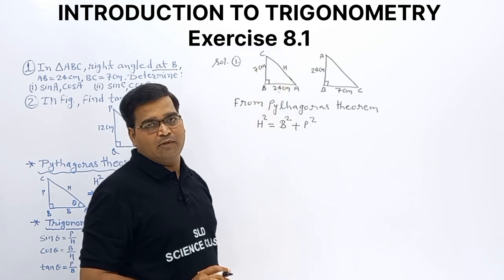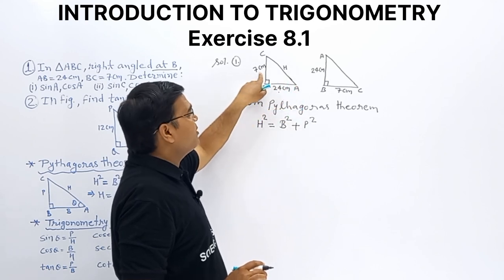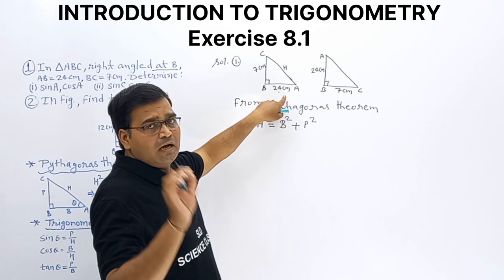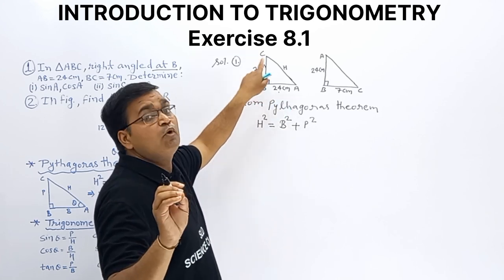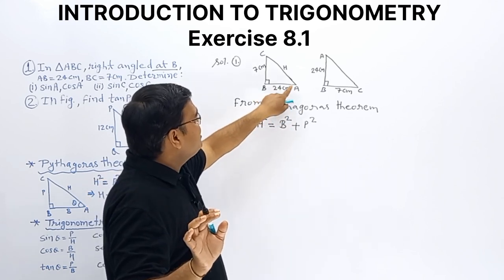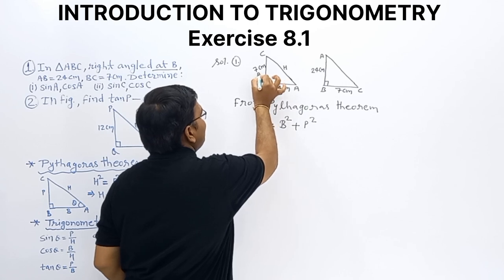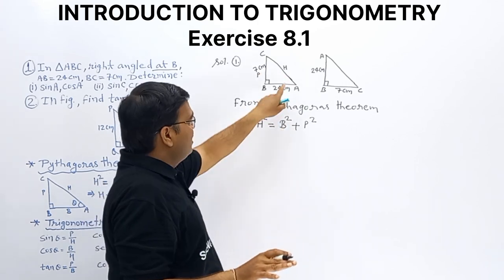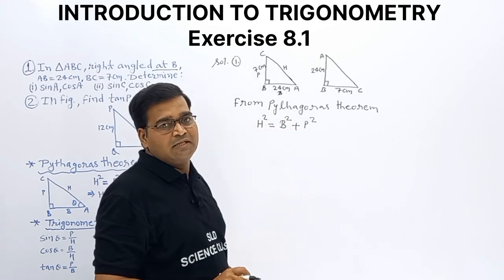Now this is the hypotenuse, the remaining will be base and perpendicular. If we take angle A as the acute angle, this will be perpendicular and this will be base. We are having two sides, we want the remaining side. So now I am considering this as base and this as perpendicular. When an acute angle is given, then we will solve another way.